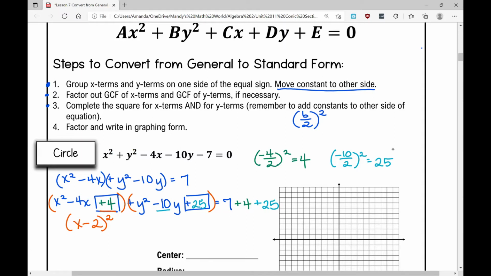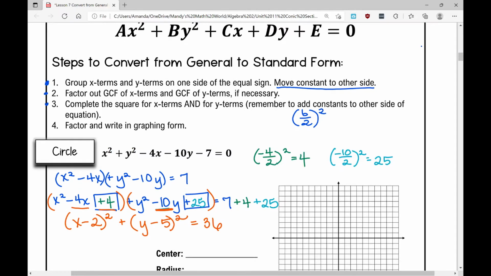Negative 2 plus negative 2 is negative 4. That's how that factors. Plus, this perfect square trinomial factors into y minus 5 squared. You take half of that b term. That's all you do. Equals 7 plus 4 is 11. 11 plus 25 is 36. And now I have a circle.